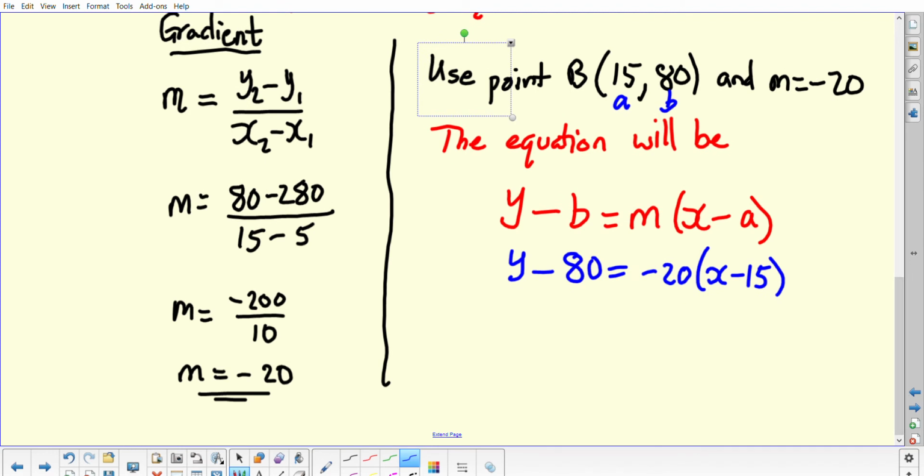When you do this in the exam, that line subbing into that y minus b equals m(x minus a) equation gets you one of the marks along with the gradient. So we've got 2 marks so far. This would be a 3-mark question. The last bit is that we need to multiply the brackets out and tidy all the terms.